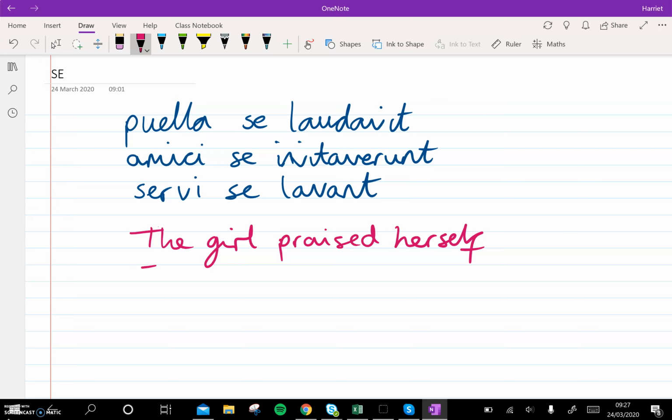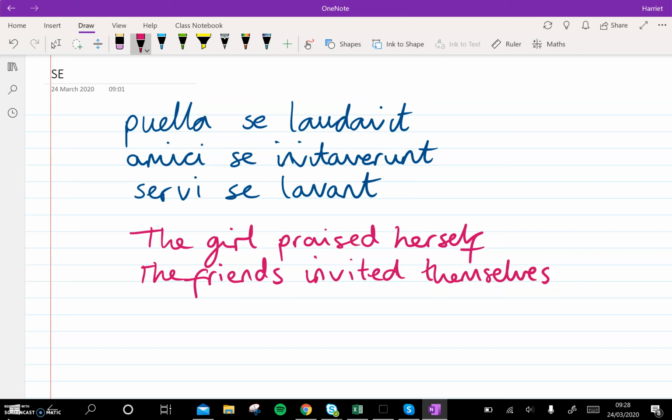The second one, the friends, verb invited, se, themselves. And then the third one, the slaves, lavant wash, se, themselves. Now notice how the translation of se can be different depending on who's doing the verb.